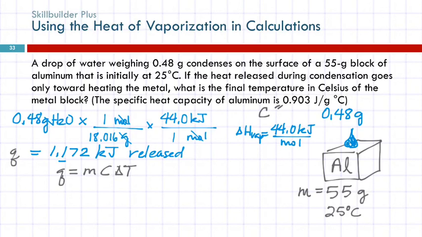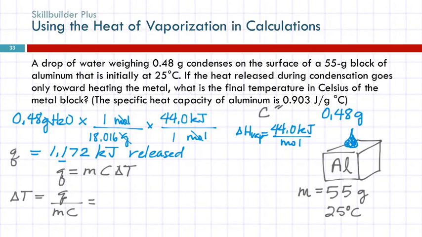The final temperature. Well, this equation is going to allow us to find the change in temperature. So let's find that first. Rearranging the equation, we're going to get delta T equals Q divided by MC.